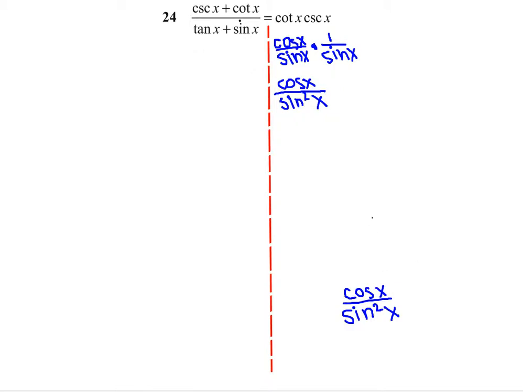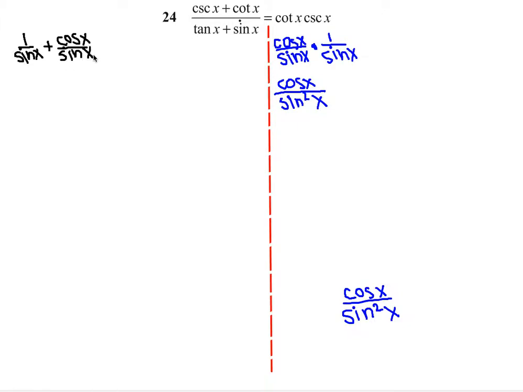So the first thing I need to do, just like the right side, is make everything in terms of sine and cos. So cosecant, again, is just 1 over sine x plus cotan, which is cos x over sine x.